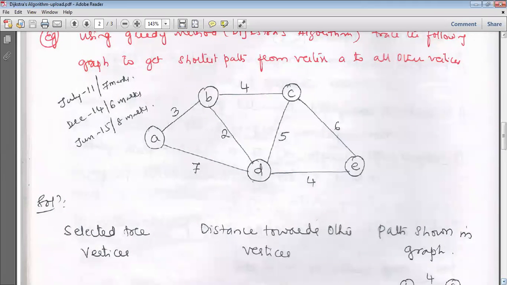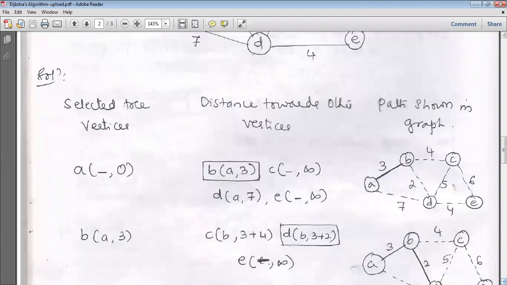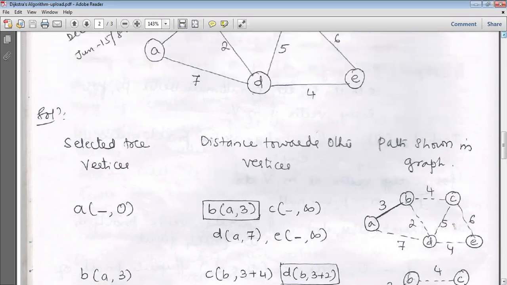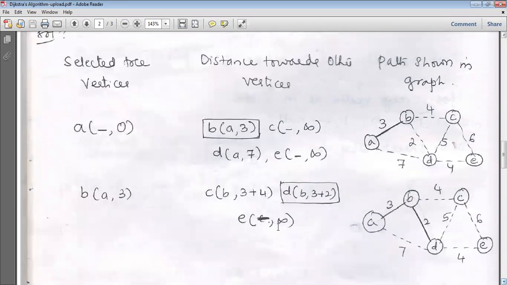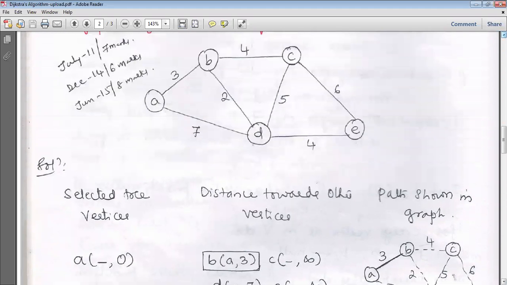That's why we write it here. You can check here. From B to C we are considering. A to B is 3 and B to C is 4. So we'll write it as 3 plus 4. It is 7. So here you can see it, 3 plus 4.